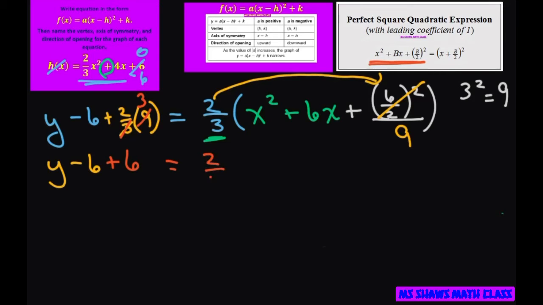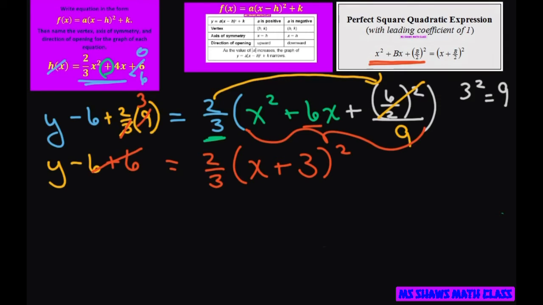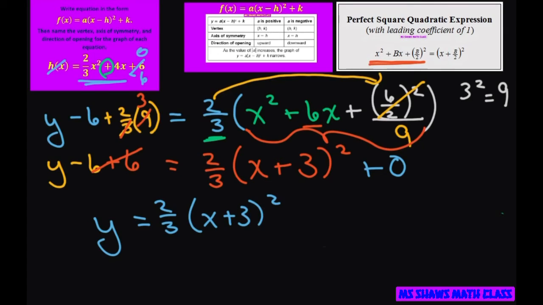Then we have 2/3, and we're going to condense our perfect square trinomial. This is going to be x plus half of 6, which is 3, squared. Now this just equals 0. So if you want, you could put the plus 0 on this side, and you get y equals 2/3 times x plus 3 squared plus 0.